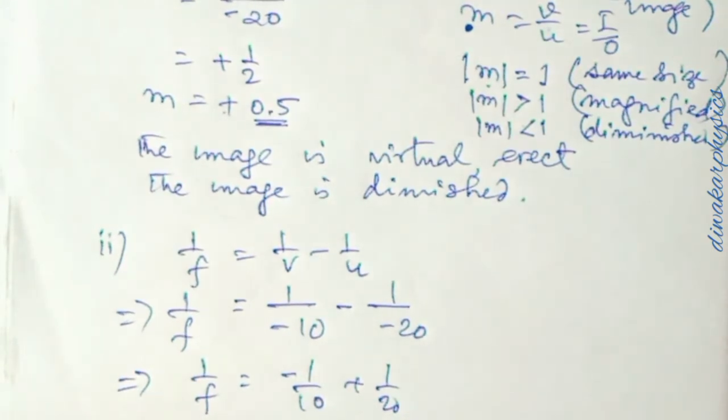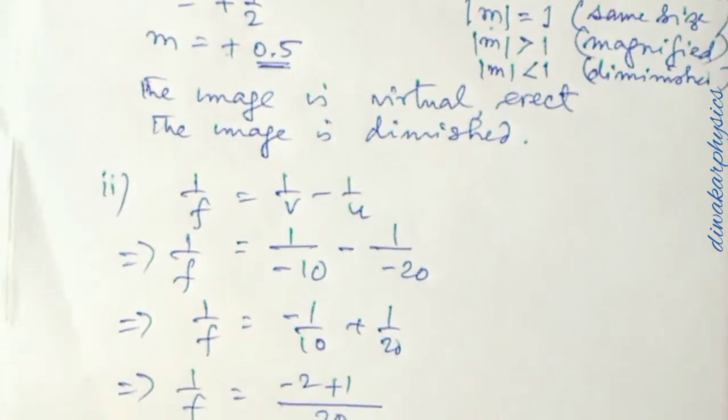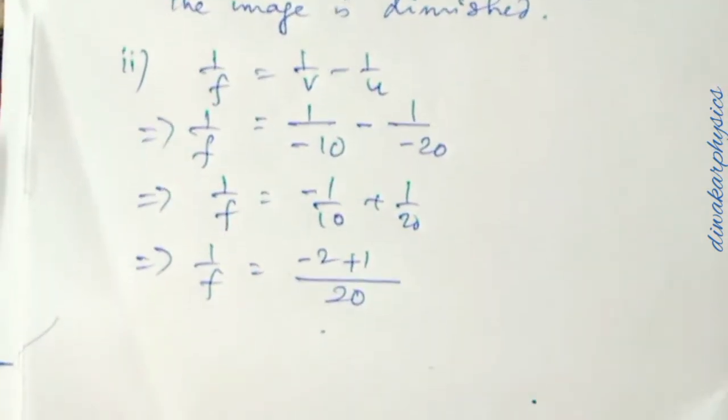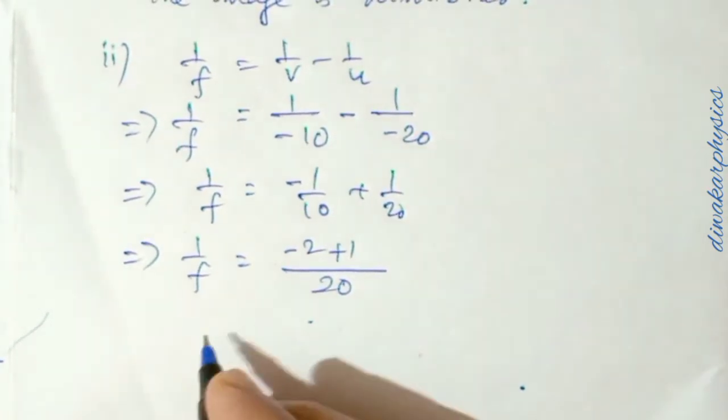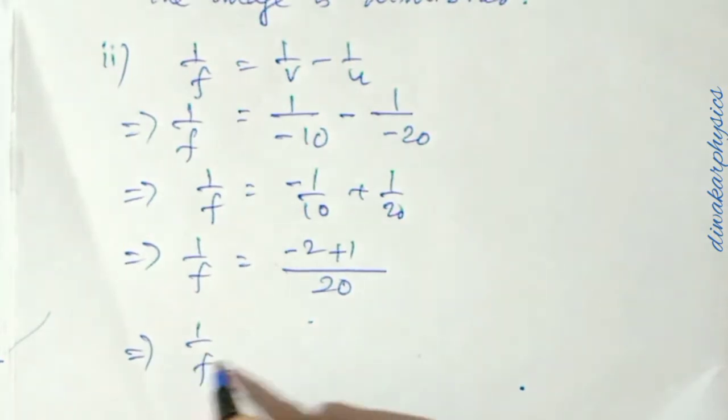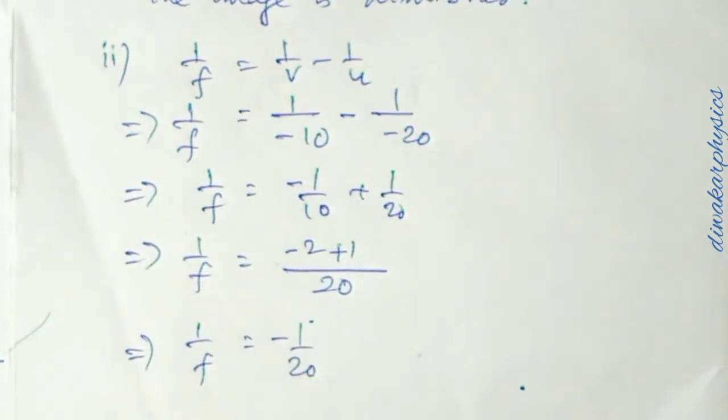Then 1 by f equals, take LCM, and solve. 1 by f equals minus 1 by 20.